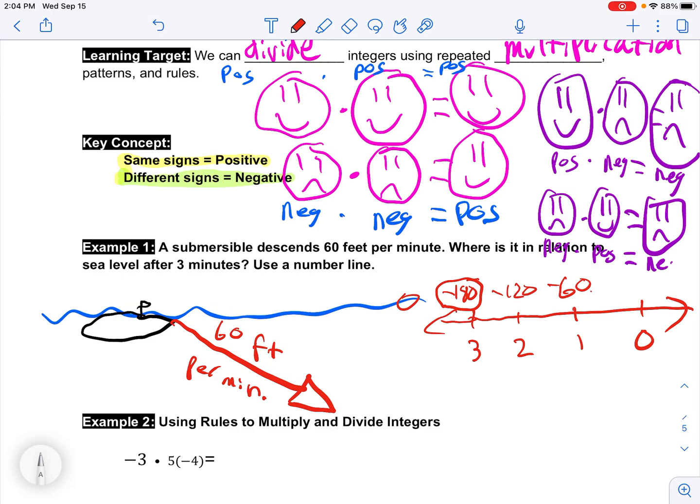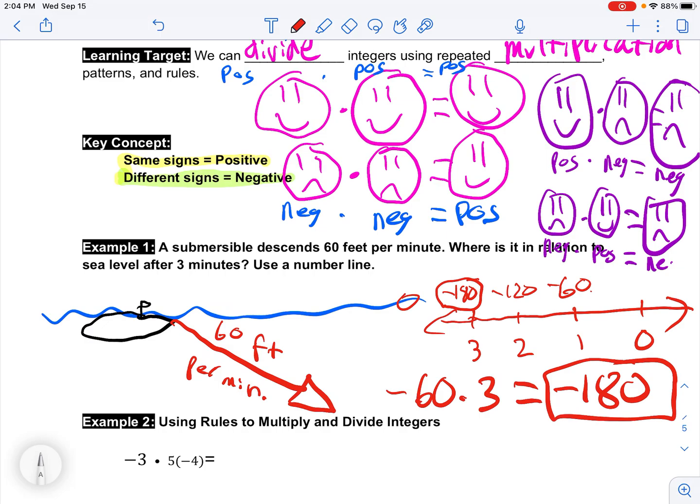Okay? So again, if I'm descending at 60 feet per minute, it's like taking my previous answer and adding negative 60. Repeated addition is multiplication. So again, we could also think about it like this. Negative 60 times 3 is equal to negative 180.